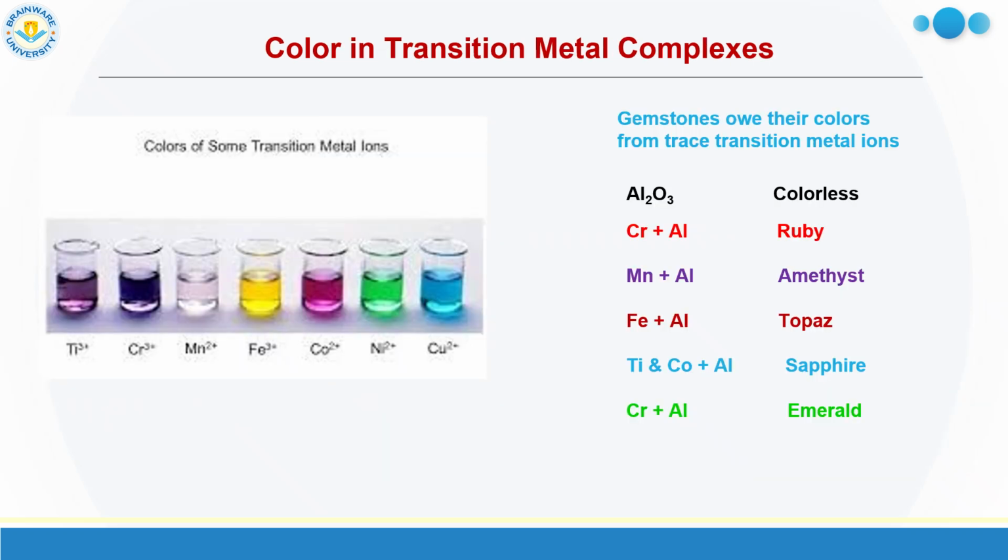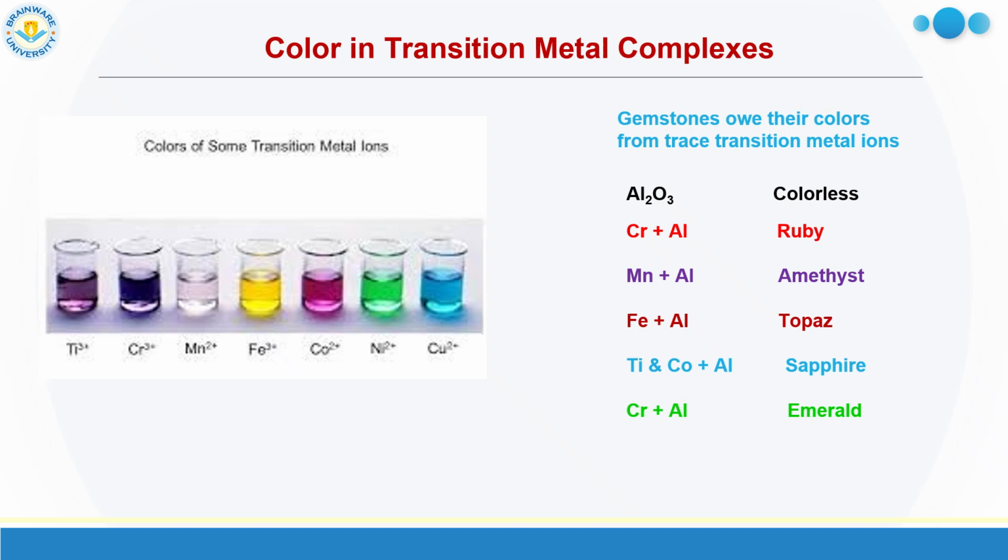We know there are the 7 colors present in this region. So you can see here the transition metals having different colors in the visible region. So for example, titanium having the intense violet color, chromium having green color, manganese having light pink color.